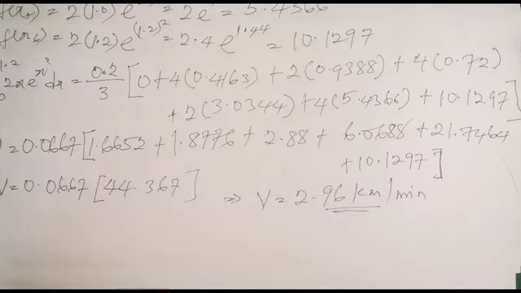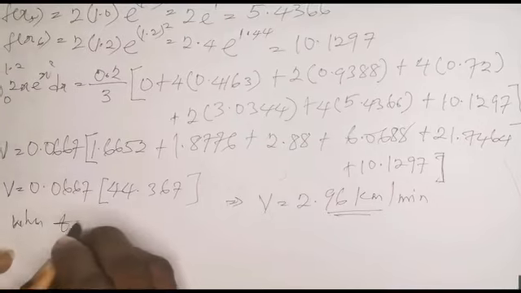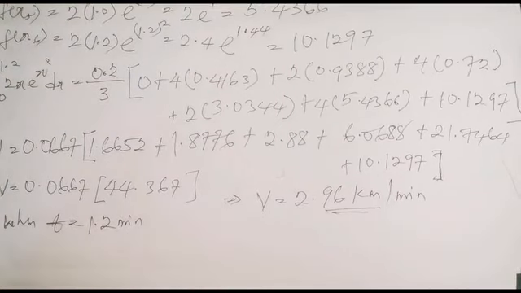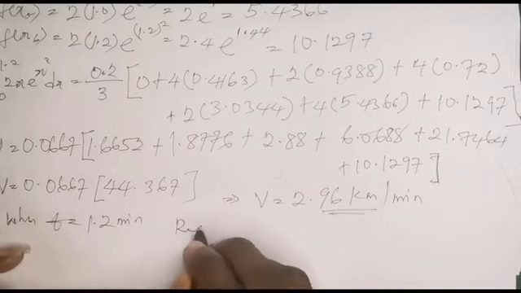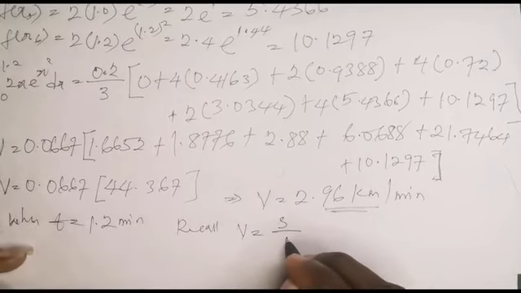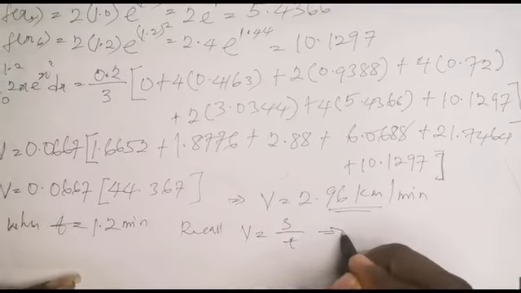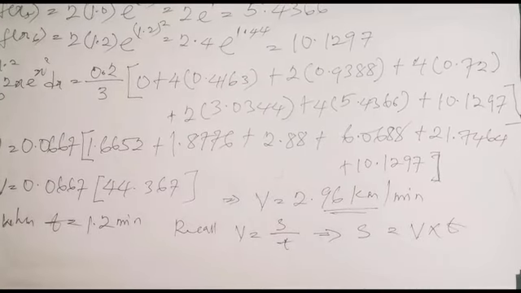Now, you know that velocity is actually distance divided by time. So from here, you can make distance subject. It becomes velocity times time.